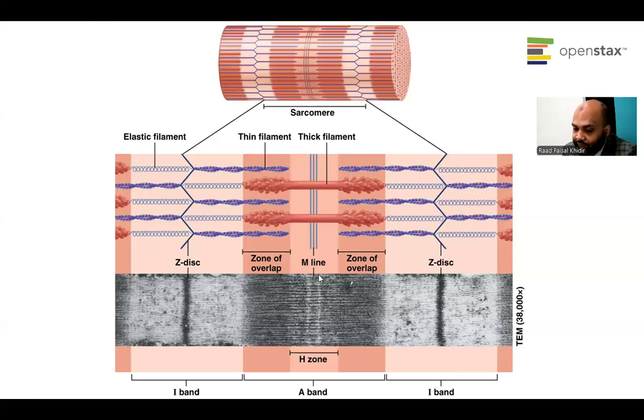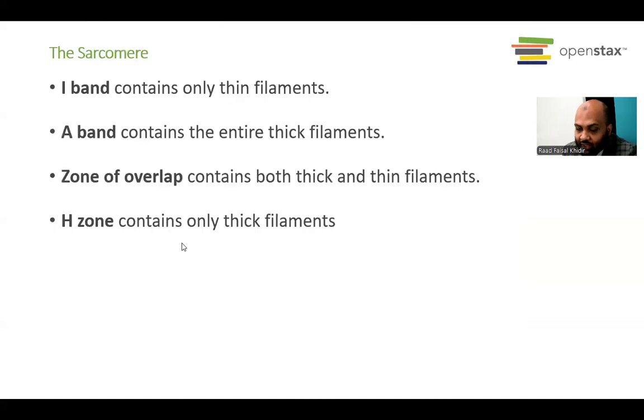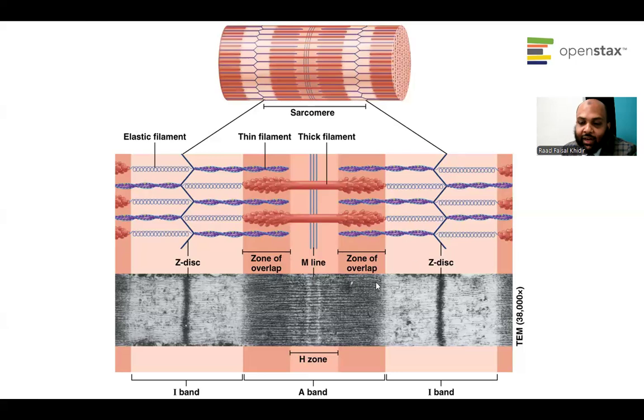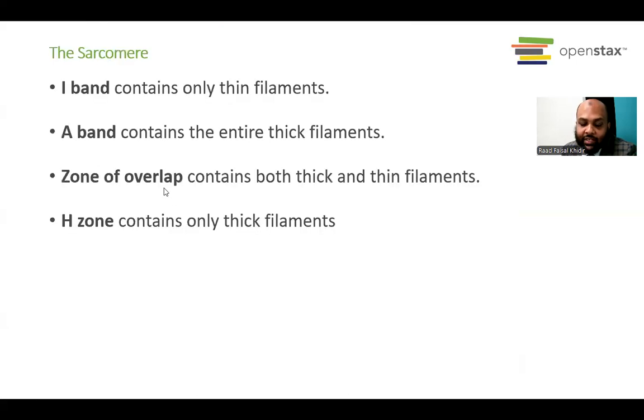So now, when we look histologically in the microscope, we see that there are thin bands and there are thick bands. That is a thick A band, and these are thin I bands. The I band contains only thin filaments. The A band contains the entire thick filament, and there is a zone of overlap that contains both thick and thin filaments.